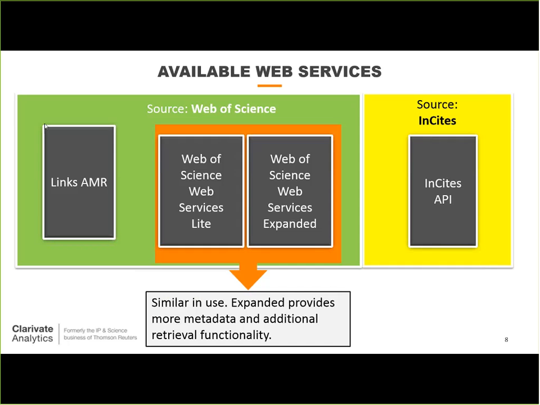These 2 are similar in use, but the Expanded, of course, provides much more information, much more metadata, and we'll see a couple of examples for you to actually see the difference between these 2. We also have a web service coming from Insights, which we call simply the Insights API, and this contains normalized data coming from Insights as well as open access flags, etc.